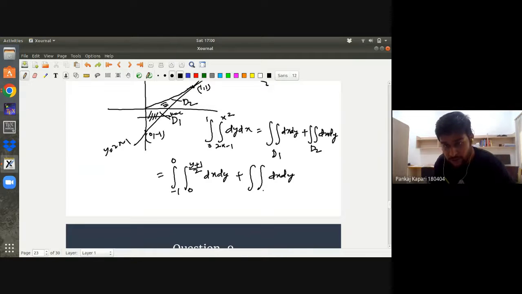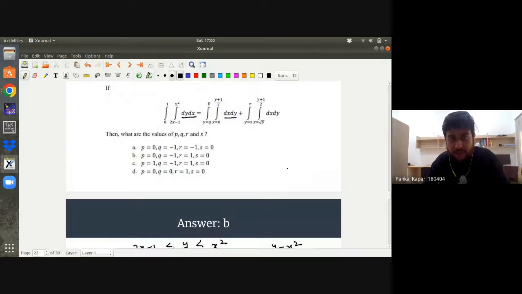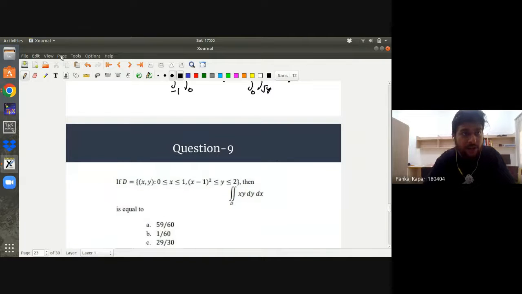Because the graph is y equal to x square, x varies from under root y to our line, which is y plus 1 divided by 2. And then y varies from 0 to 1, because this point is our 1 comma 1. So these are the limits of integration. Now we can compare these integrals with the ones given here, and then we'll get our values of p, q, r, and s.